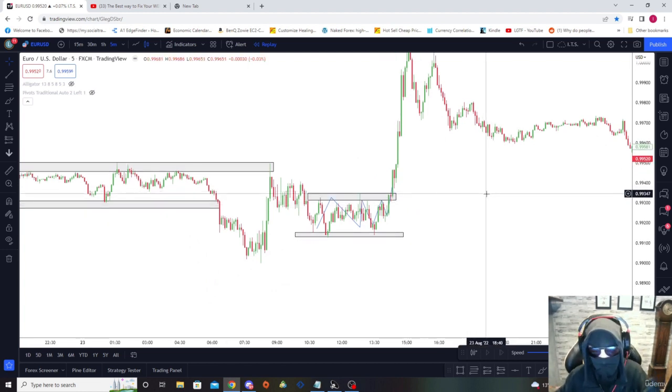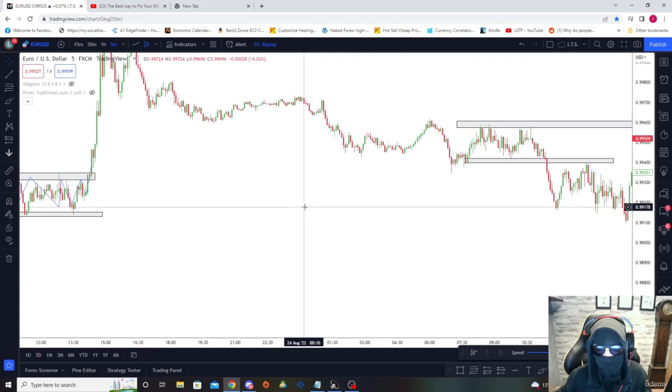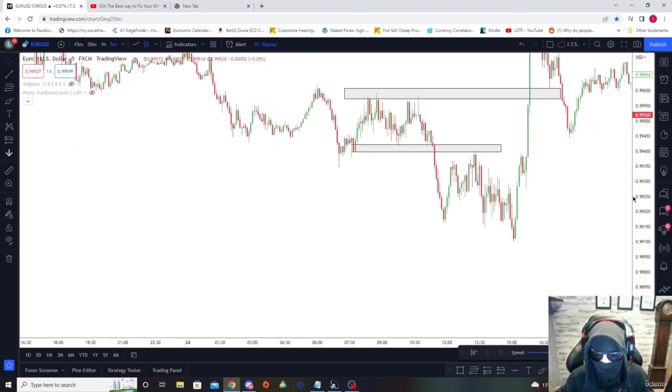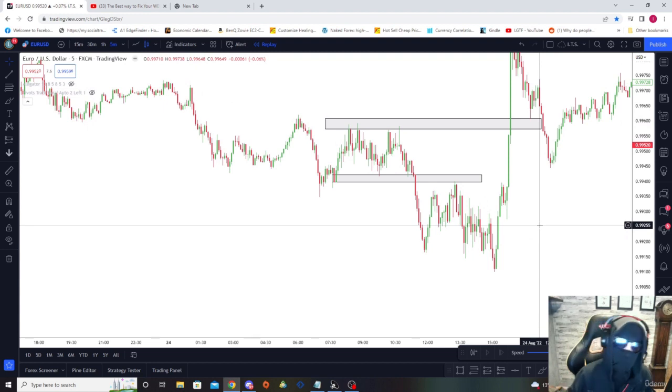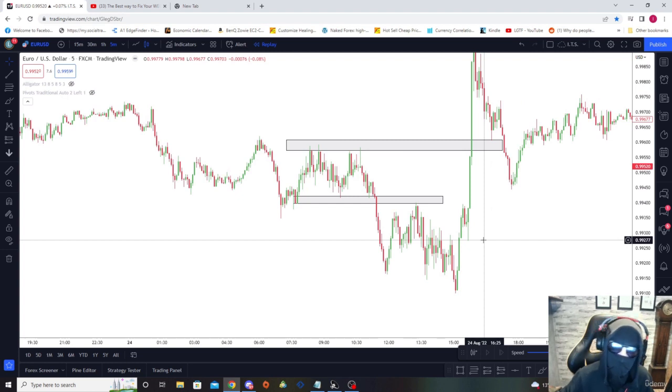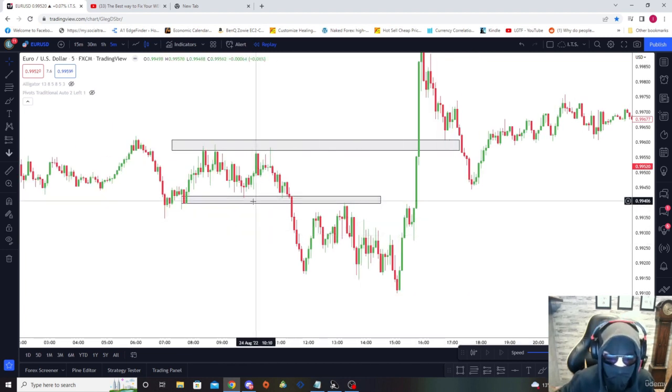And the third way to trade it is a break and retest trader. A break and retest trader waits for price to break under a resistance or over a support, and then makes their play when the price comes back to that zone on the opposite side. Here we have a support zone that's broken.